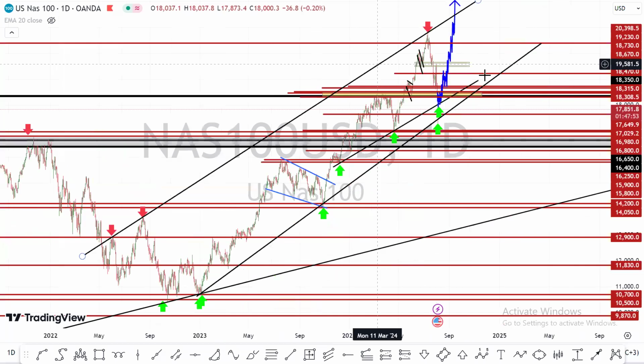If you can see, we had a pattern within the pattern. Let me take this out because it was spiked.